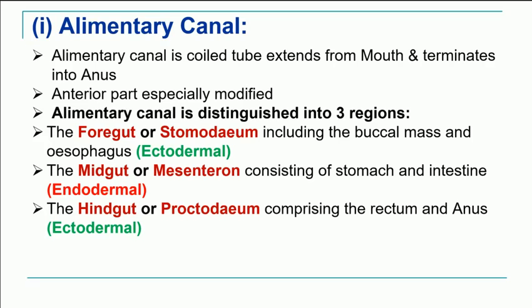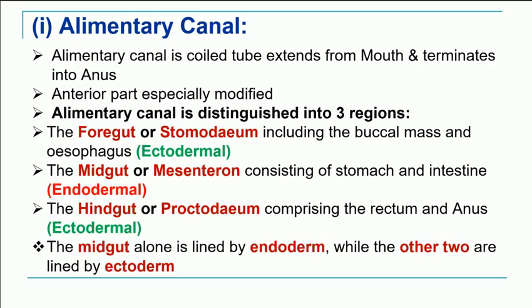The third or the last part is called the hindgut or proctodeum, and it comprises the rectum and anus, and it is also ectodermal in origin. So among these three divisions of the alimentary canal, the midgut alone is lined by endoderm, whereas the other two, the foregut and hindgut, are ectodermal in origin.